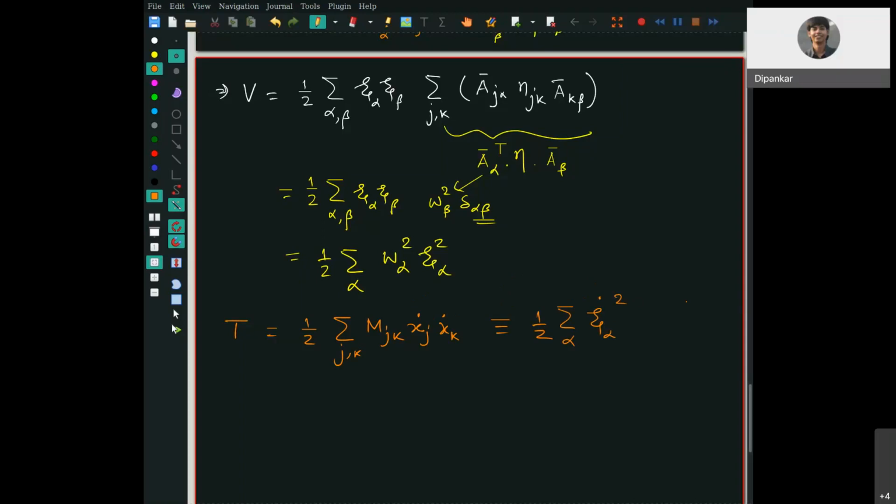So just show it, and it will go in a very similar fashion as the calculation for potential energy.